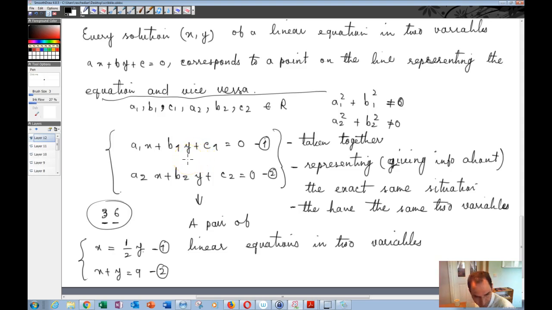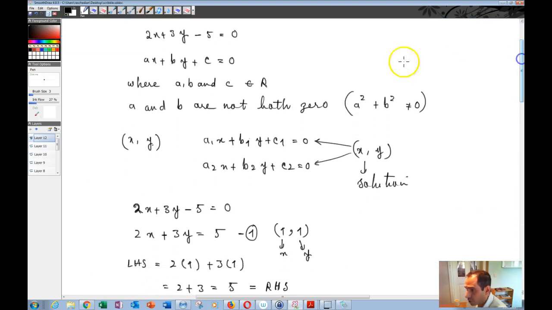Okay, so the next thing that we have here is on page number 3. Now, you already know that the graphical representation of a linear equation in two variables is actually a straight line.